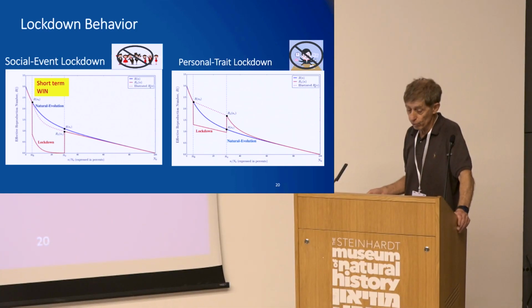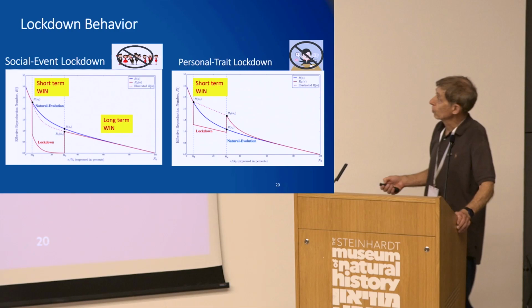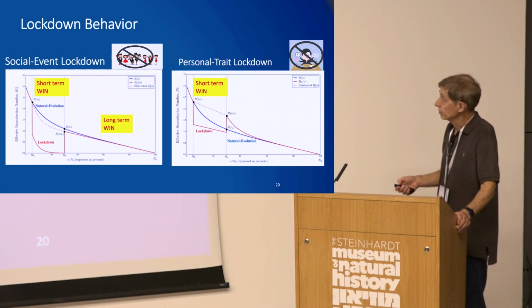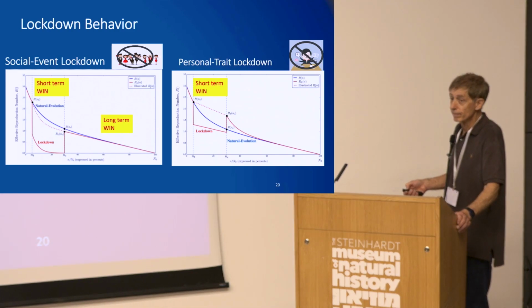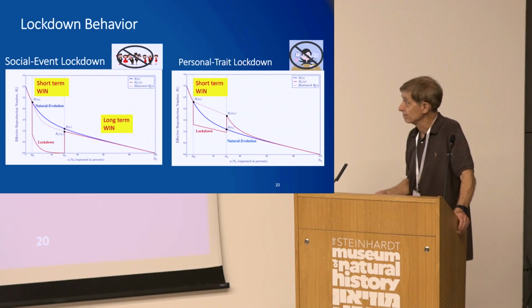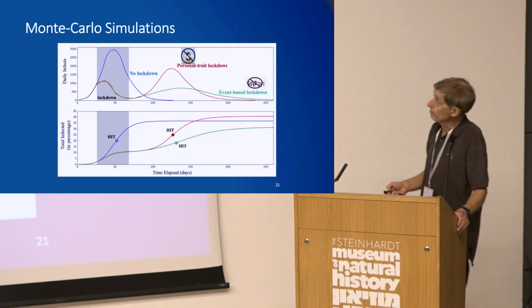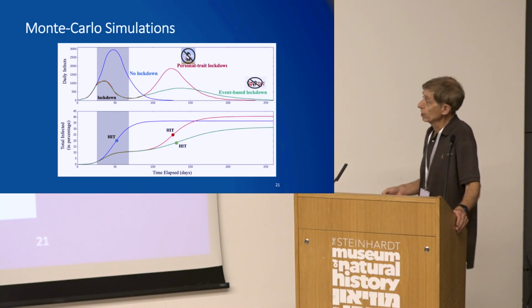So if you put a lockdown on events, you win in the short term, and you also win in the long term. On the other hand, if you lock down personal traits, you win during the lockdown, but as you lift it, R jumps very high, and you end up with worse pandemics in the long run.